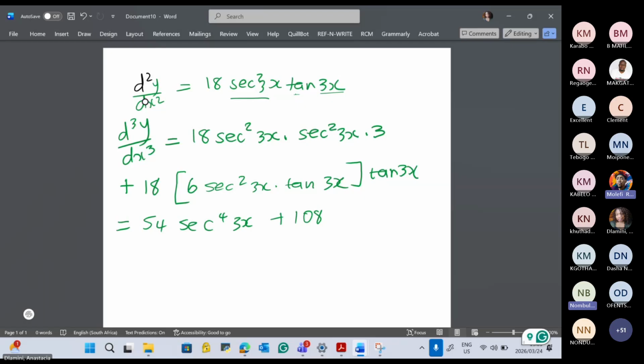According to the law of BODMAS, if we differentiate 18 sec squared 3x alone and take that 3, multiply it by 18 and leave it like that, it will give us 54. Then we include the multiplication that comes with the tan, the 3 that comes with it.